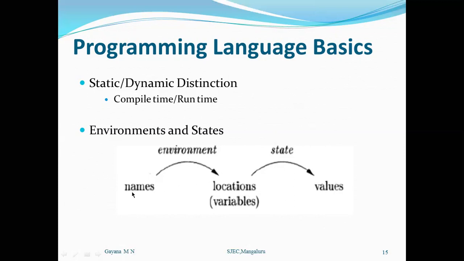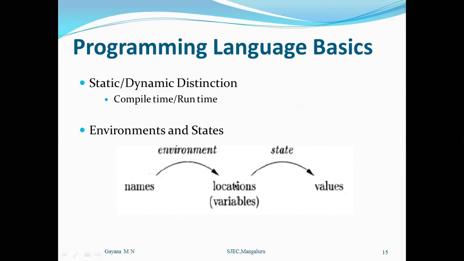Okay, say for example, int a equal to 20. Here a is nothing but a name. For you it is a name, but for this name, internally, the machine has to allocate one particular location. So this is where we use the term variable. Now there exists a mapping from the name to its actual location, and this mapping is referred to as the environment.